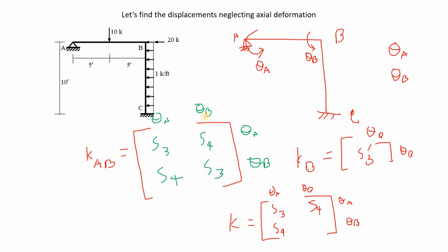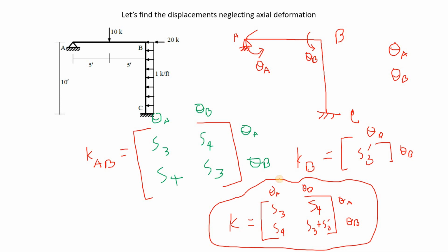And theta B by theta B here is S3, and theta B by theta B here is S3 prime, so S3 plus S3 prime. So this right here is the stiffness matrix that we are getting after neglecting the axial deformation and applying the boundary conditions early on. Okay, so we're done with this.